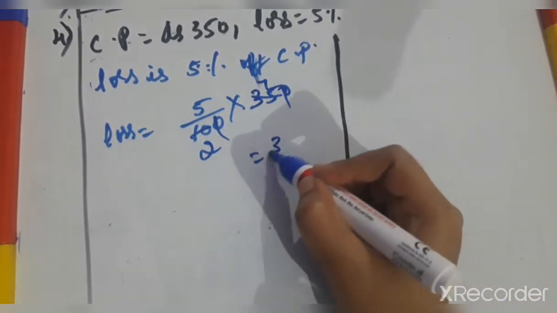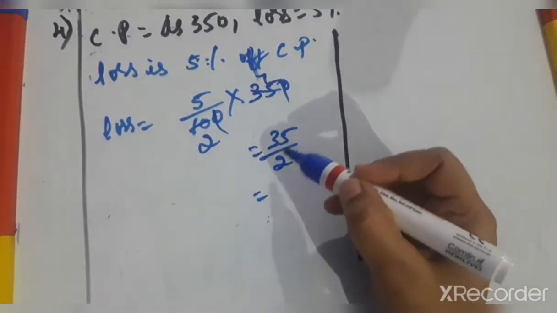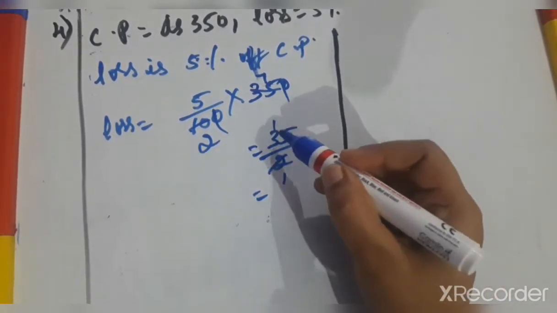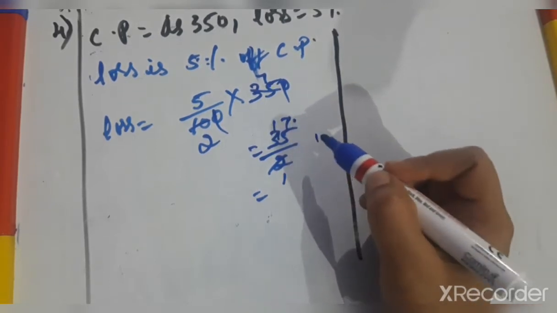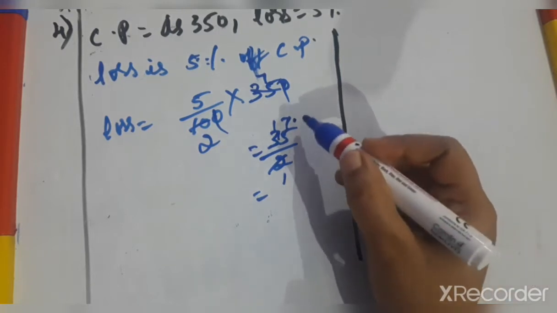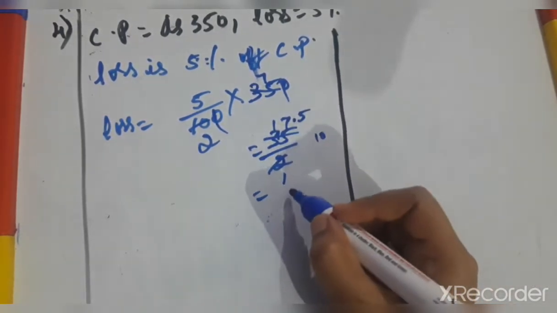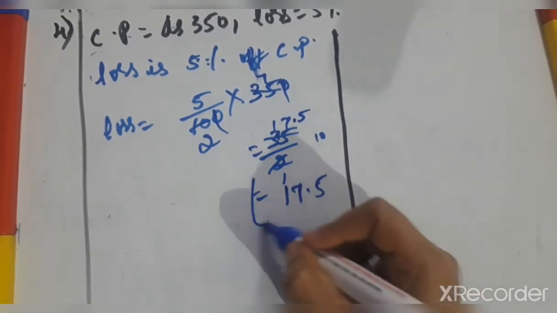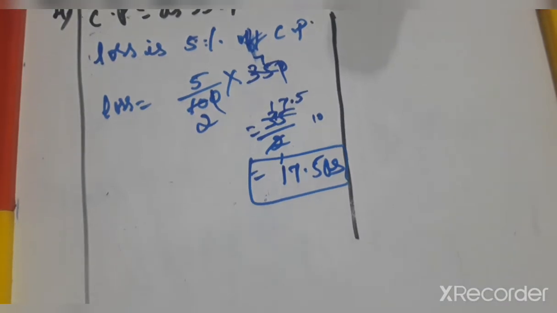So 35 by 2: 2 ones are 2, 1 carry. 2 sevens are 14. With the decimal point we get 17.5. So the loss is rupees 17.5.